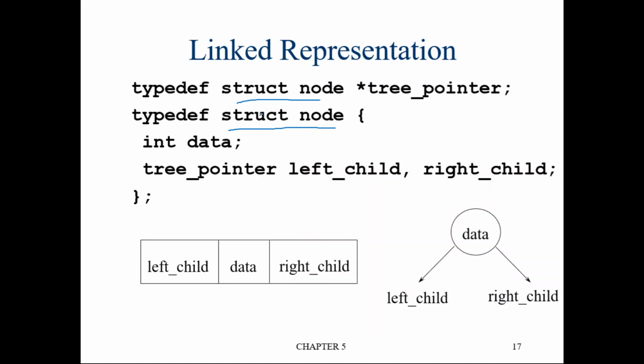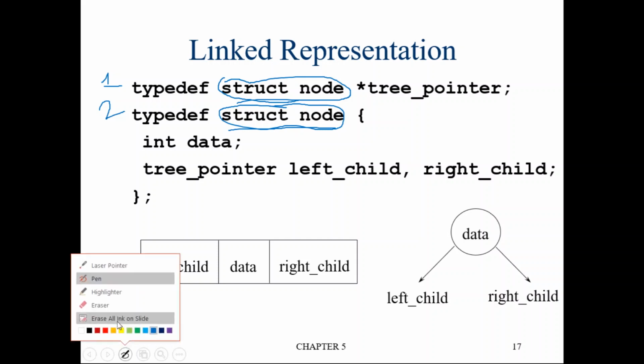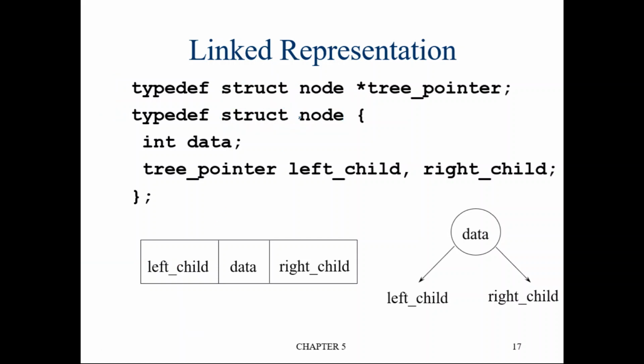If this is statement 1 in the program and this is statement 2, then struct node is actually defined in statement 2, but here you are using it even before defining it. That is allowed in C. If you feel this is not understandable, then don't consider this.